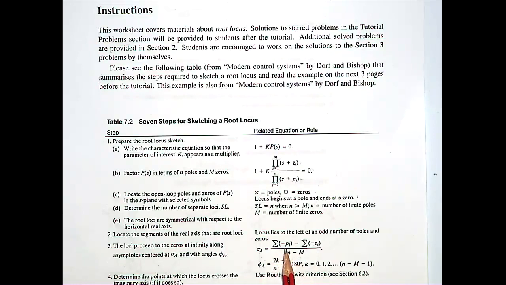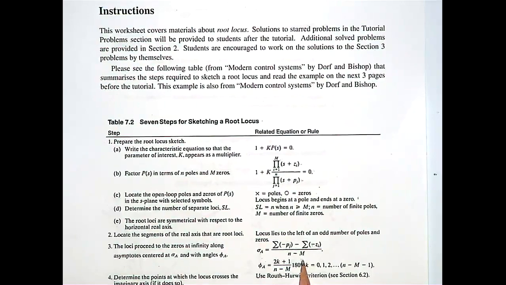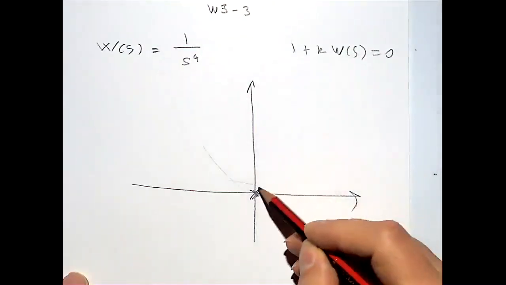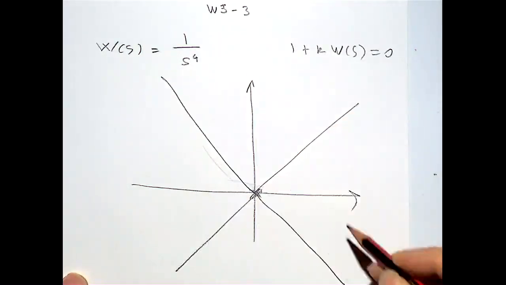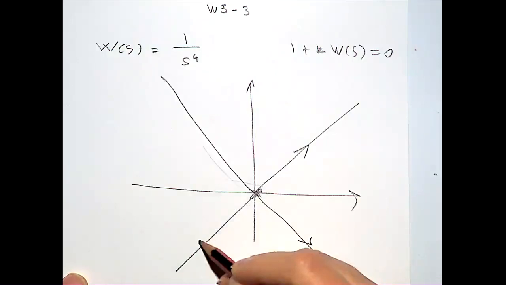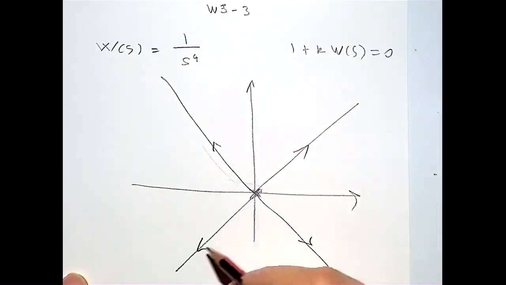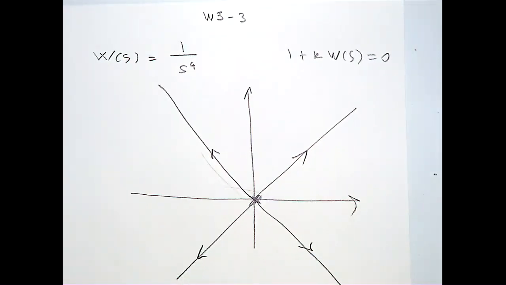What are all poles in this case? 0. What are zeros? There are no zeros. So this is really 0 divided by 4, which is 0. So all asymptotes intersect at the origin. So what the root locus looks like is like this.